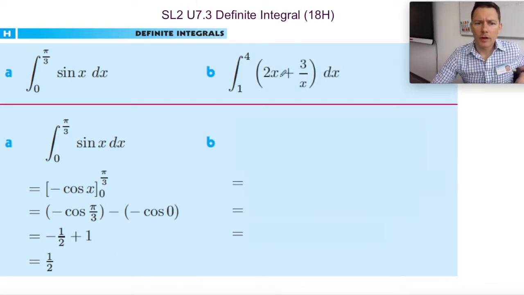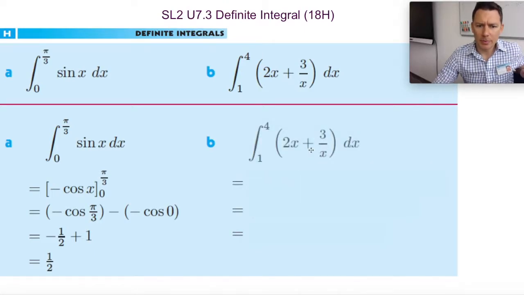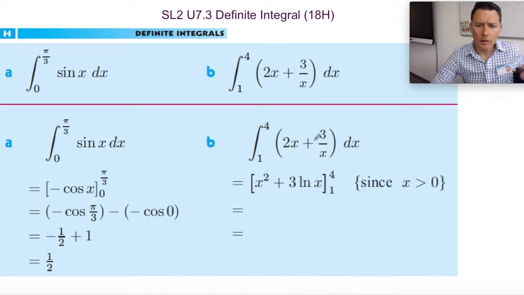Let's do one more. We want to integrate this mess, which means we'll integrate the pieces separately. When you integrate the 2x, the exponent should be a 2. That's where this comes from. There should be a 1/2 in front, because you put the reciprocal of the new exponent, and the half and the 2 multiply, and that's why you don't see anything there.